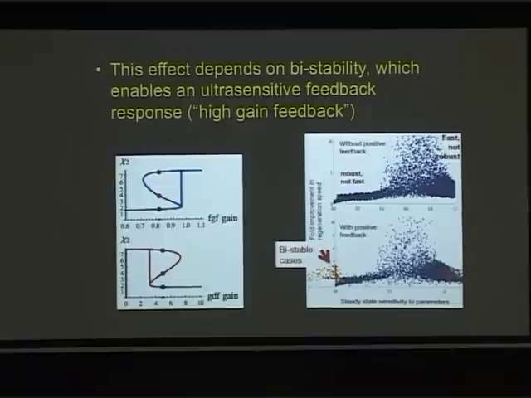It can be in the low state until you take away both feedbacks. It jumps into the high state, stays there as the positive feedback feeds it, and then the negative feedback comes in and bangs it back down. Okay, so that just emerges spontaneously out of that. It essentially gives you a high gain feedback, ultra-sensitive feedback. There's a sudden effect of the feedback as it kicks in.